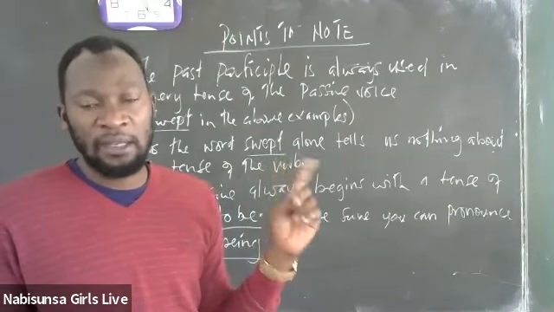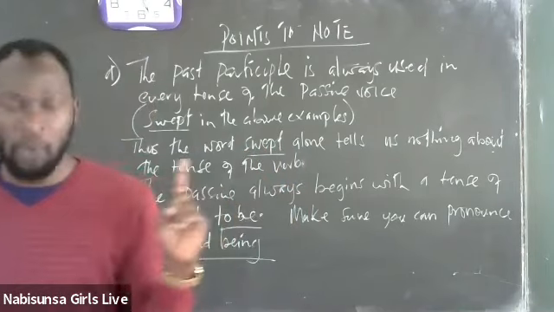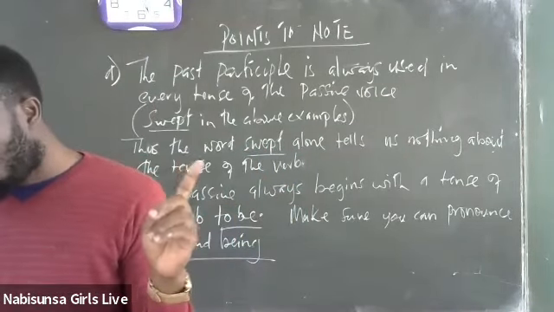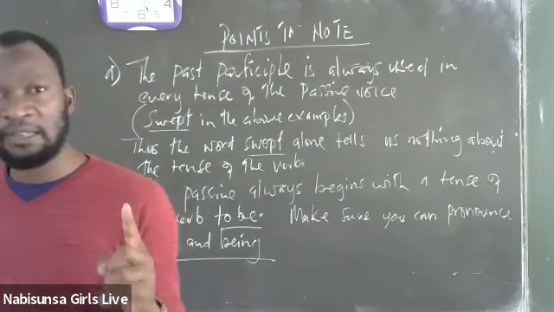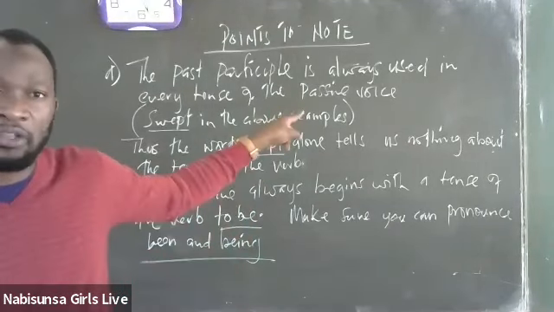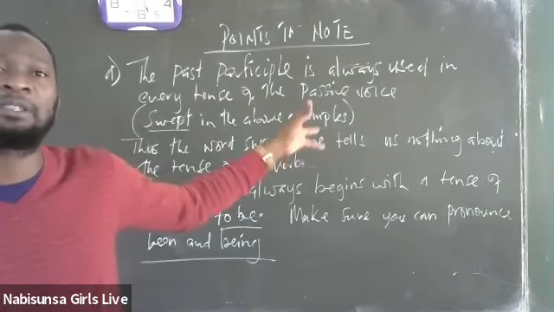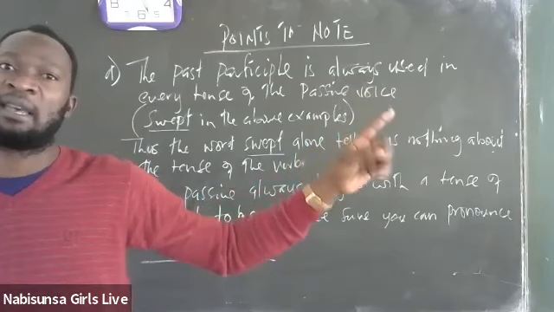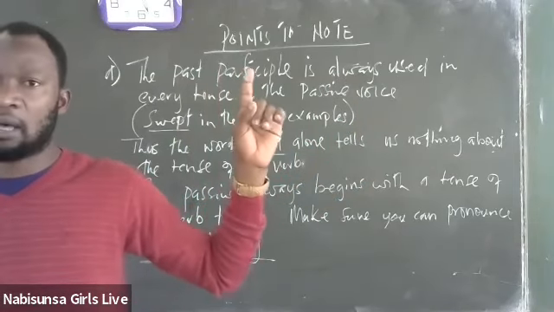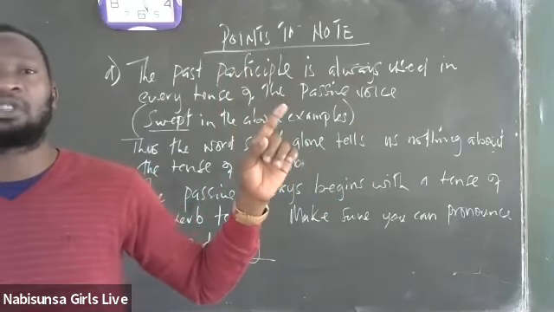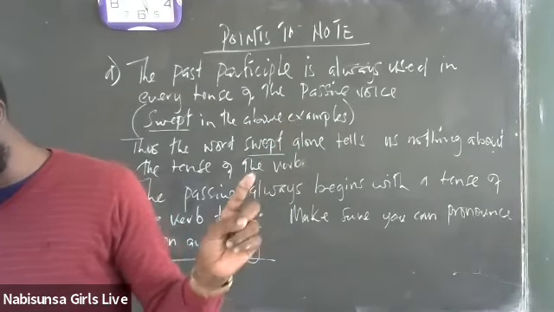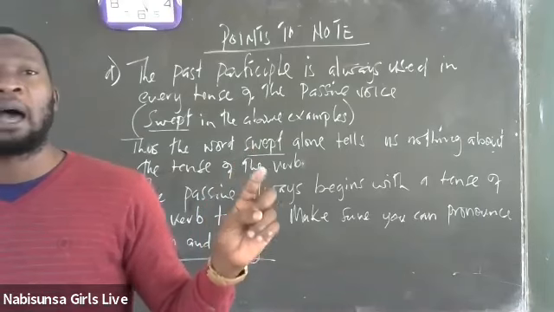How does that happen? Let's go back to the table we wrote in the books. When you look at the first one, present continuous, I want us to follow this principle here. Let's go back to the present continuous tense. Look at the active voice. The active voice is saying they are sweeping the room now.